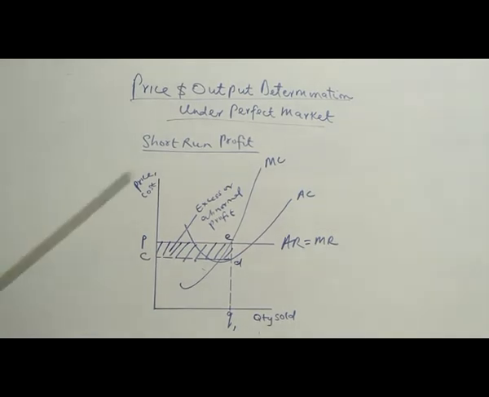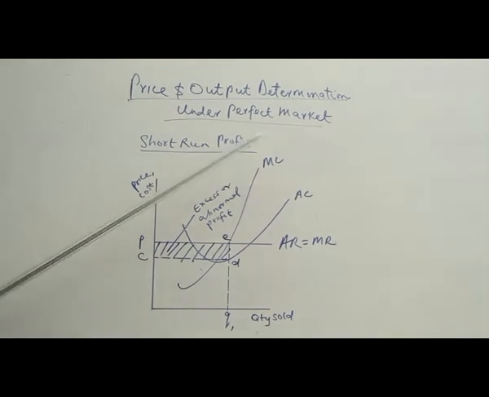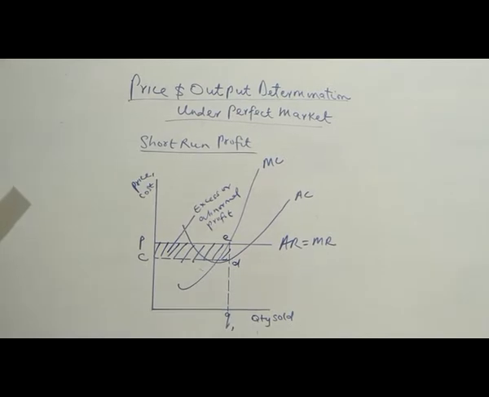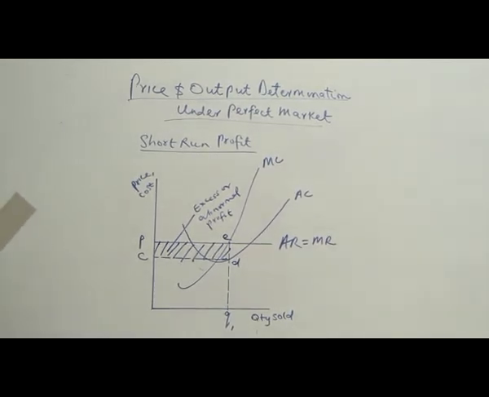When we are talking about short-run profit under perfect market, we are talking about a situation where a firm is able to make excess profit or abnormal profits in the industry. Why? Because there are not yet enough firms among which the profit will be distributed, that is, new firms that just joined them in the industry.